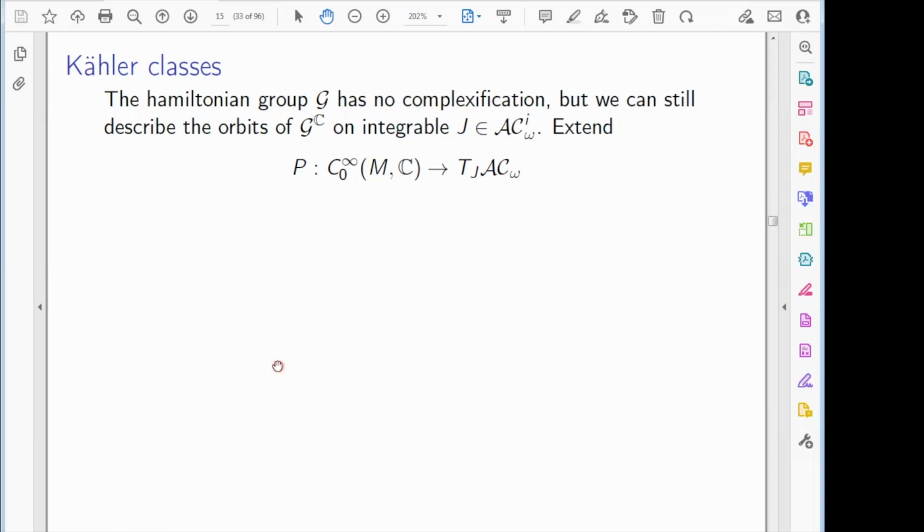So fix an integrable complex structure. Otherwise, this doesn't really work.